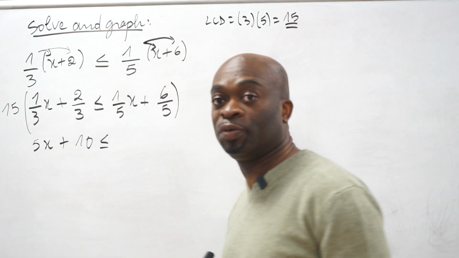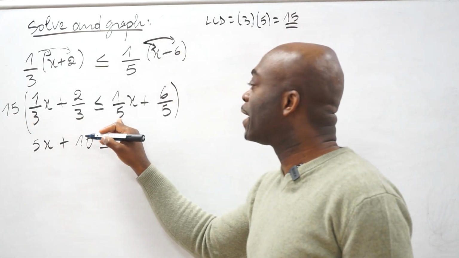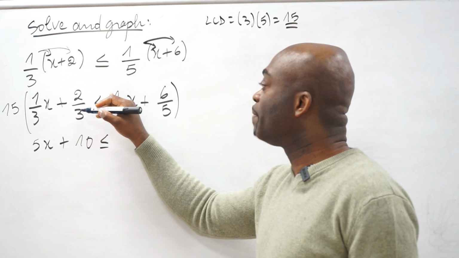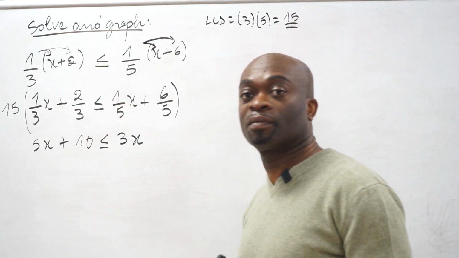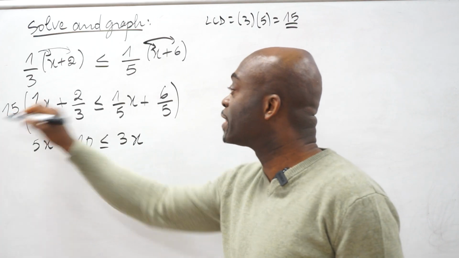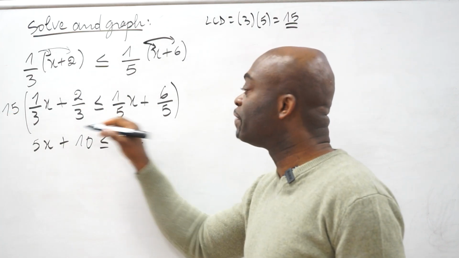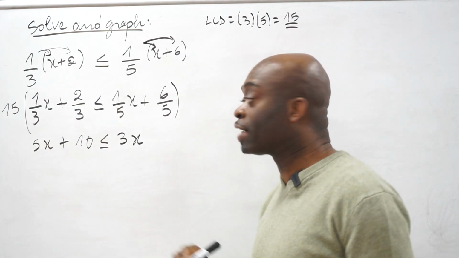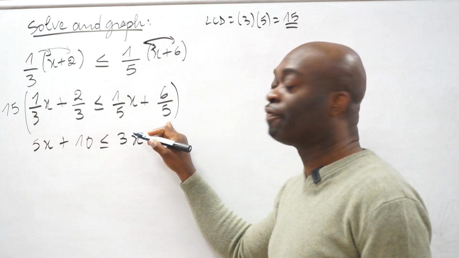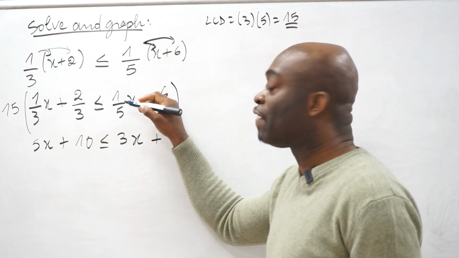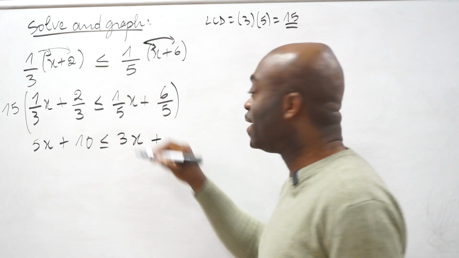Less than or equal to 15 divided by 5 is 3, so that's 3x. Or somebody can say 15 times 1 is 15, and 15 divided by 5 is 3. So it's 3x plus, here also 15 divided by 5 is 3, and 3 times 6 is 18.